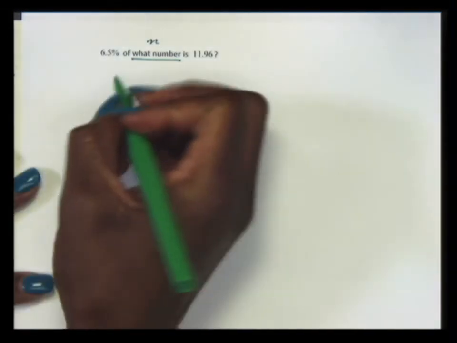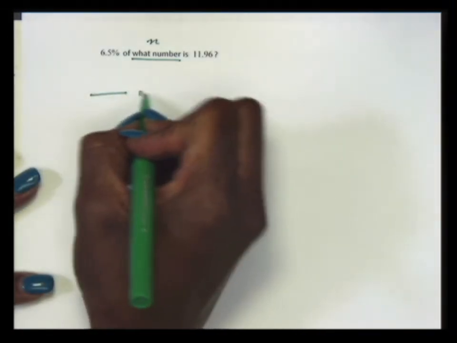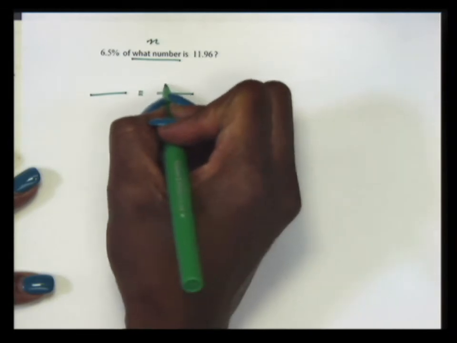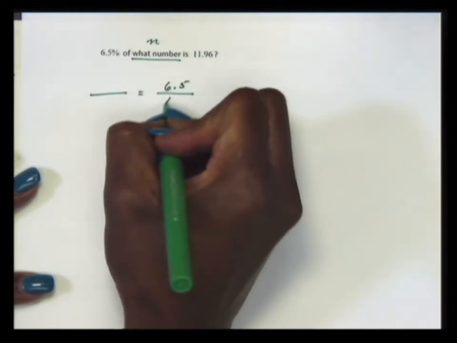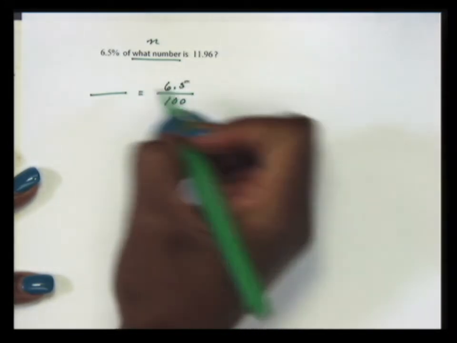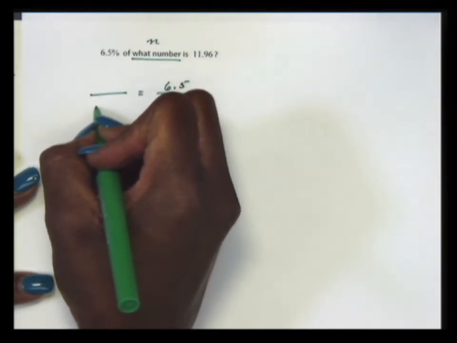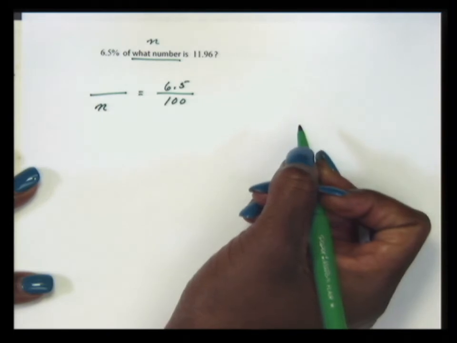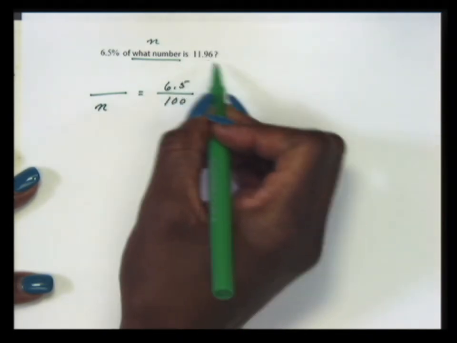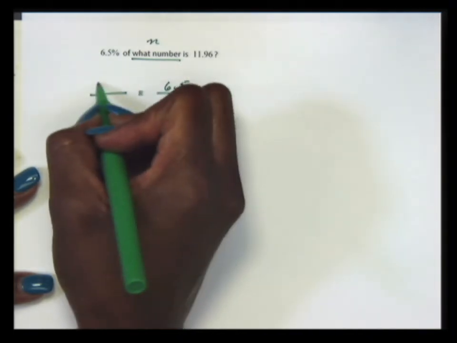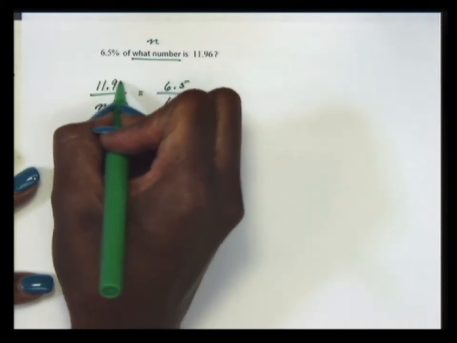So when we set up the proportion, 6.5 will go over 100. Of what number? We don't know what number, so the N will go in our denominator. Is 11.96. So we'll have 11.96 in our numerator.